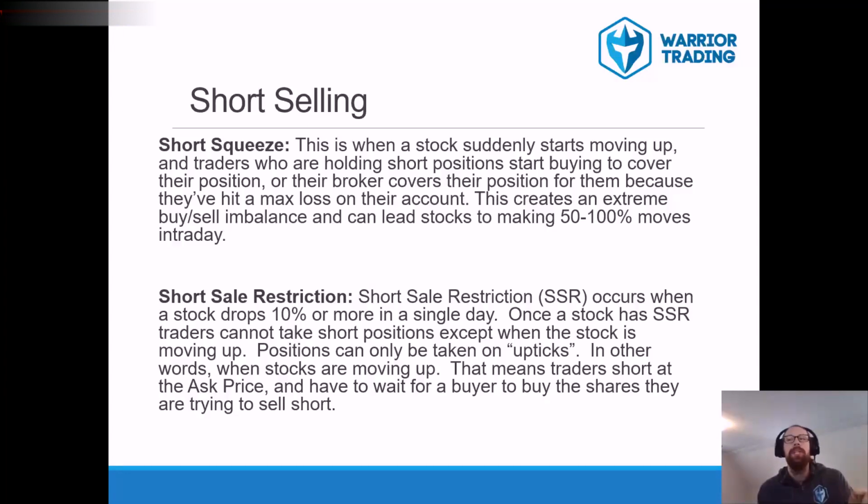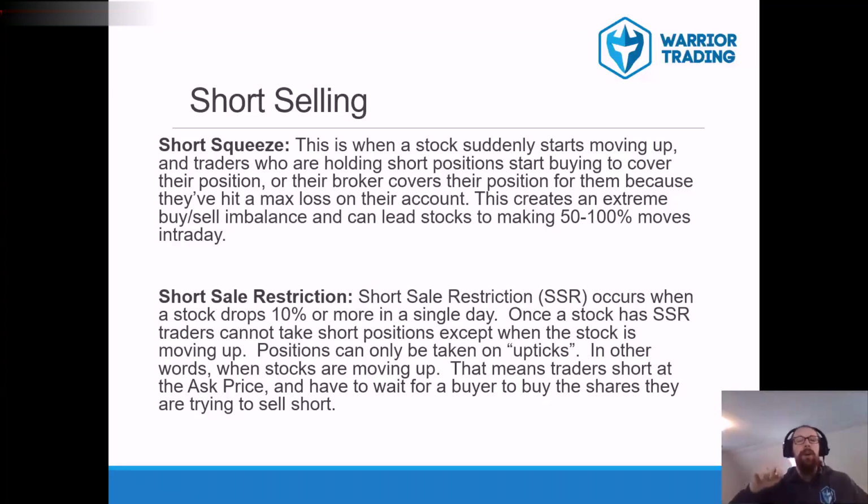Okay? A short sale restriction happens when a stock drops 10% or more in a single day. Once the short sale restriction has been turned on, traders cannot short a stock unless it's moving up. Isn't that strange? They can't short the stock when it's dropping. They can only short it on an uptick. So that means they can't short on the bid.